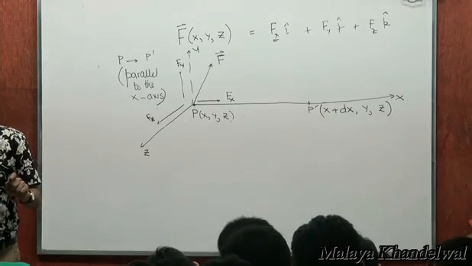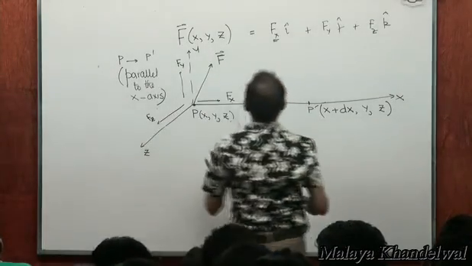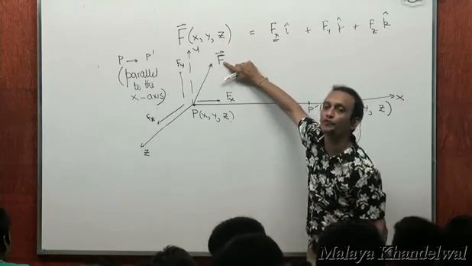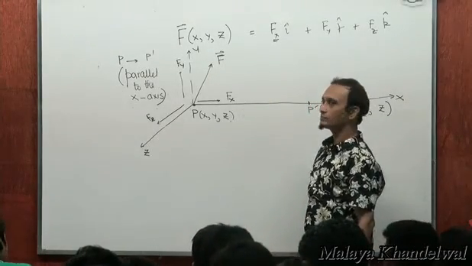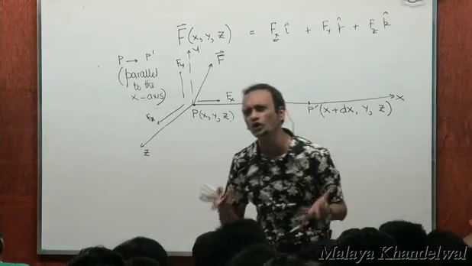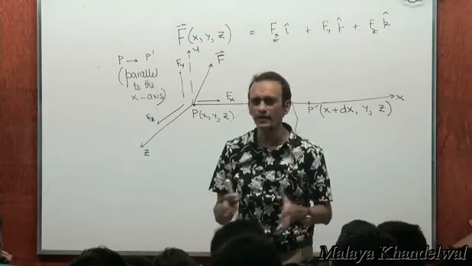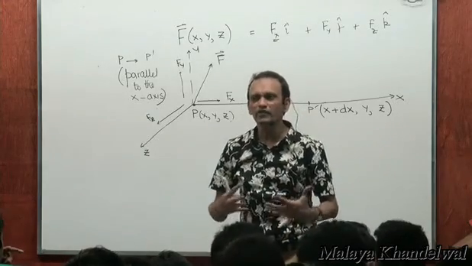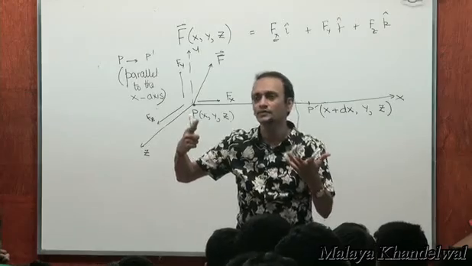Yes, sir. Now, I want to calculate the work done by this force, because x is changing by an infinitesimally small amount dx. So there is hardly a change. That's the whole idea. F dot dr, for that small dr, F remains practically the same, right?